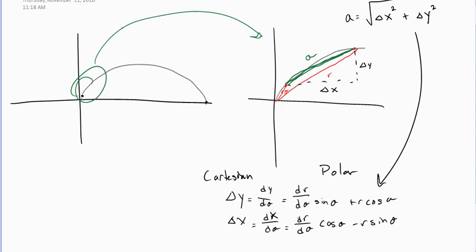Since we're trying to convert this whole equation to polar, we can just substitute this for the change in y, and the same thing with the change in x, into that original formula.